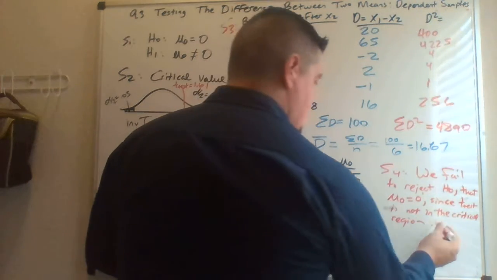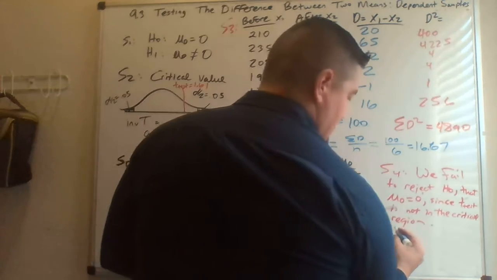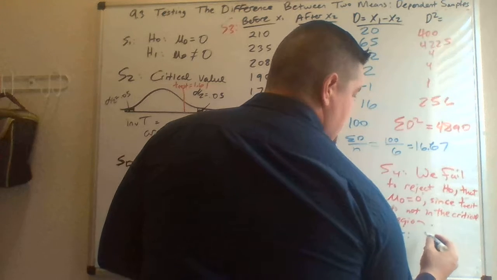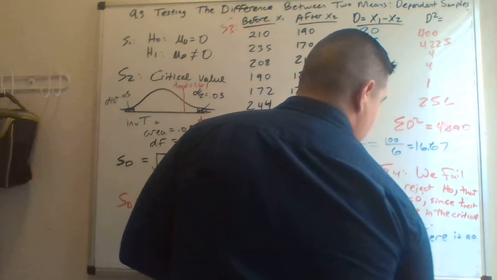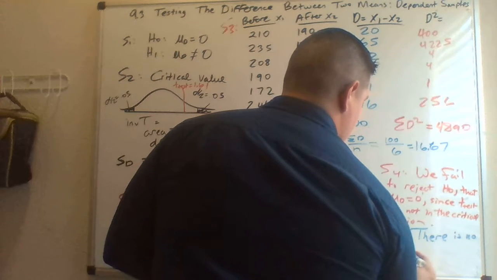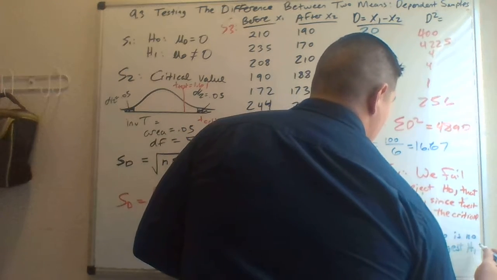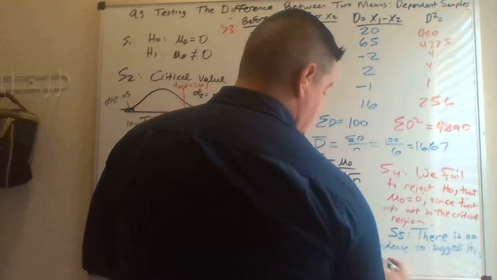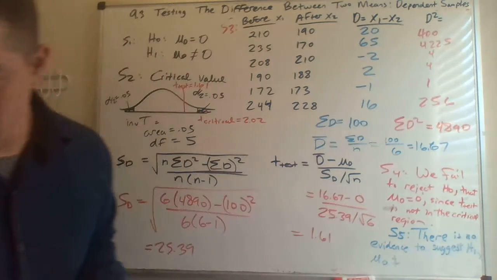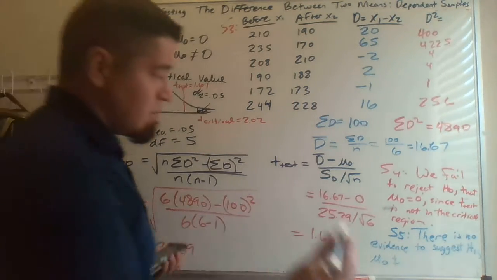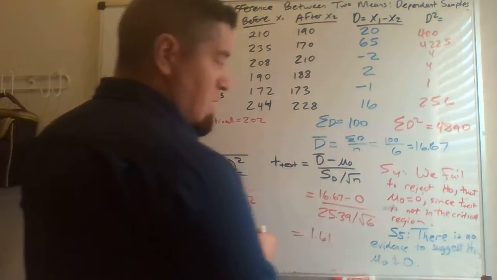Okay, so a statement about the alternative would be, since we failed to reject the null, there is no evidence to suggest H1, that the mean difference in cholesterol levels after the mineral is different, or is not 0.